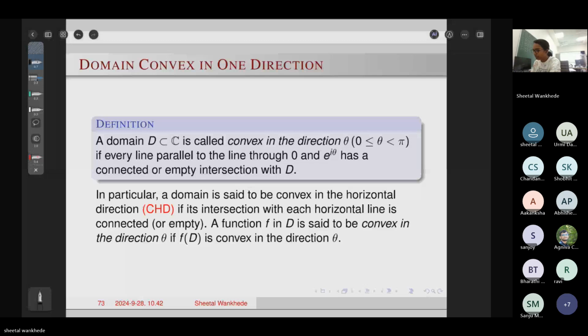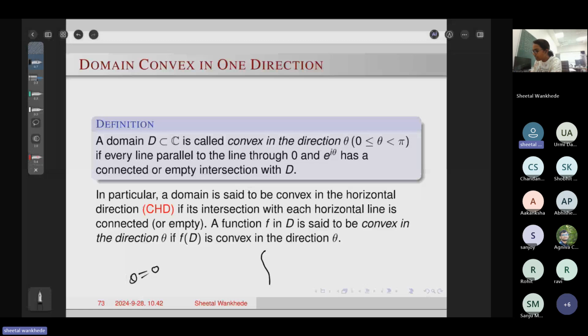Okay. So in a particular case, here we need actually to construct a harmonic mapping on a CHD domain. A domain is said to be convex in the horizontal direction if its intersection with each horizontal line is connected or empty. So if we compare with this, when our theta is equal to 0, we can say this domain is CHD. Like I am preparing this.